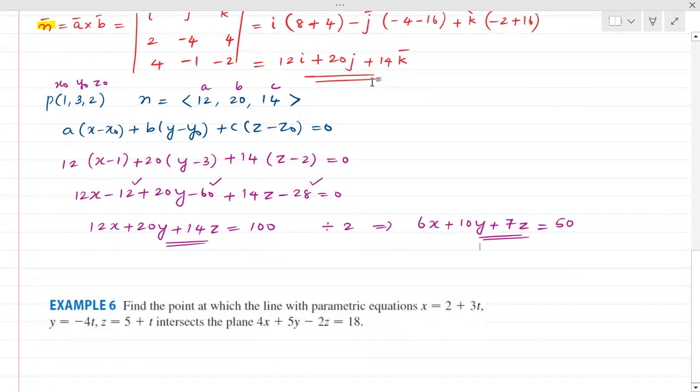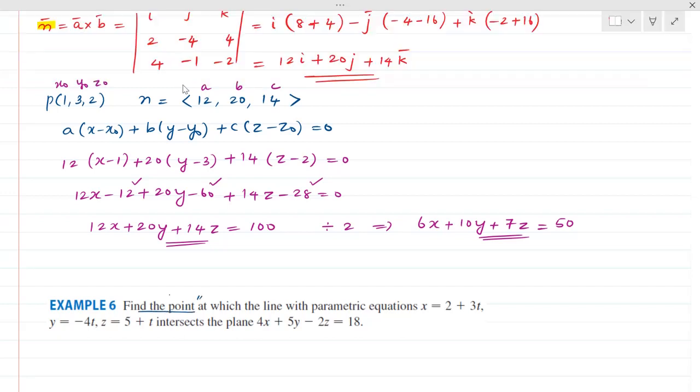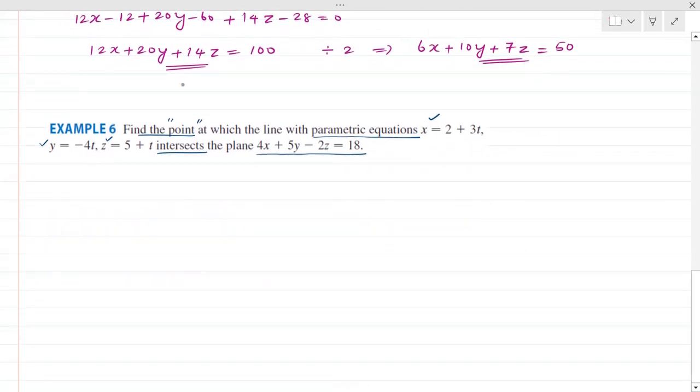Now the last question of this topic is asking to find the point at which the line with the parametric equation x, y, z intersects with the plane. So you have to calculate first the value of t. Once you calculate the t value, you can substitute into x, y, z and you will get the point.